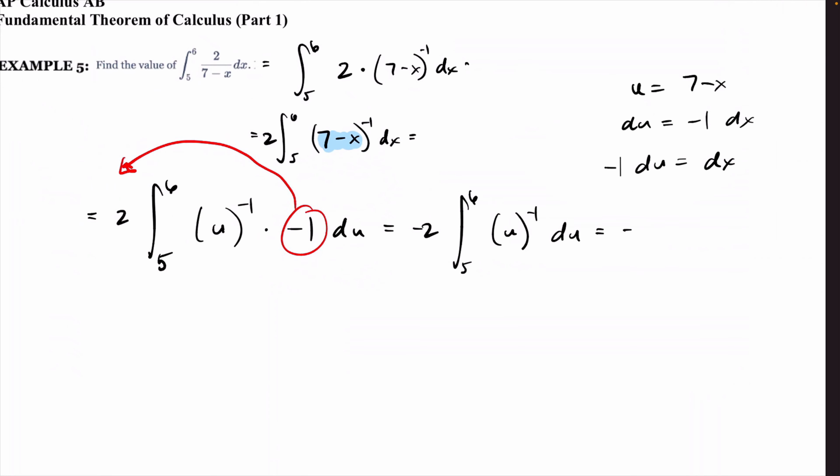Just like we thought, if I add a power to u and divide by that new power, it's going to give me something undefined. So the antiderivative of anything to the -1 power is just natural log, right? So natural log, not x, of u. And then I have to evaluate it from 6 to 5.